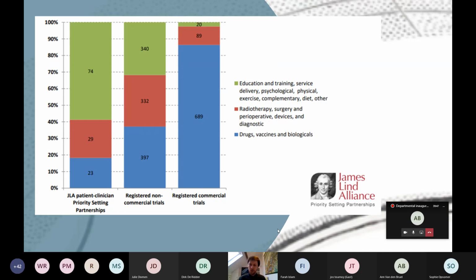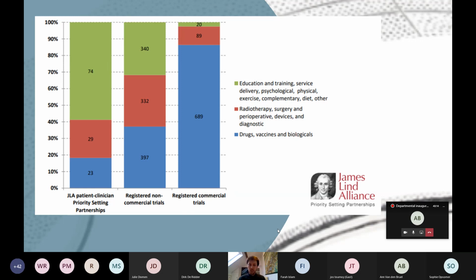Think about radiotherapy, surgery, devices, diagnostic research. And then you have the big blue blocks, which are drugs, vaccines, biologicals, everything which has to do with medical treatment. And we see that commercial trials are greatly dominated by trials on drugs and vaccines and biologicals. If you look at non-commercial trials, then you see that there is more of an equilibrium between the three categories.